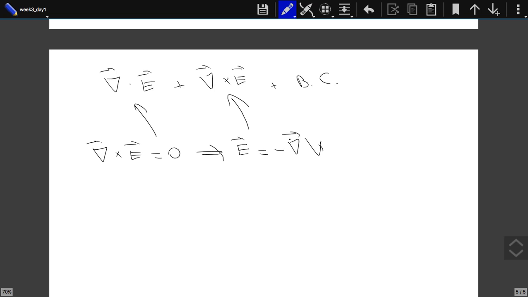So one of the equations is already solved. There's still the other equation that we need to solve: the divergence of the electric field should be equal to ρ over ε0. Whatever V is, the gradient of V solves the curl equation, but whatever V is, the obtained electric field will not necessarily solve the divergence equation, the Gauss law.